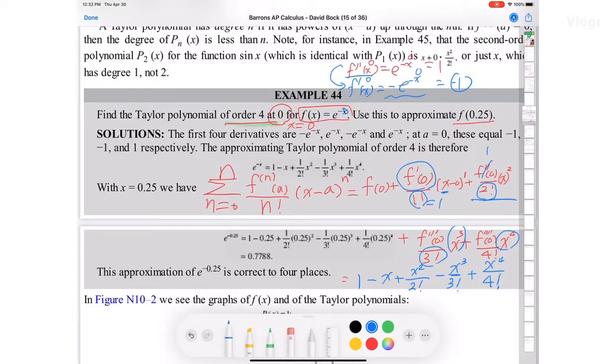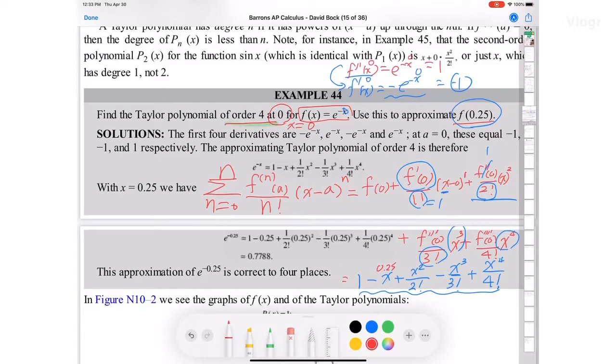Okay, this is a Taylor polynomial of degree 4. We found a polynomial equation, and then it asks you, using this equation, to approximate f of 0.25, which means plug in 0.25 for x into this equation. So x is 0.25.